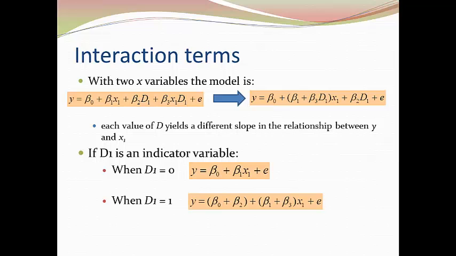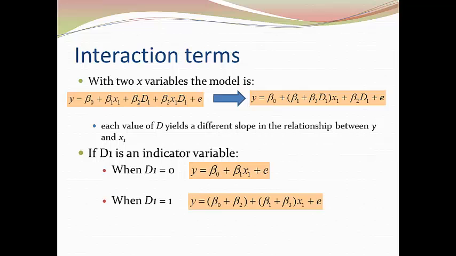So each dummy variable yields a different slope in the relationship between my dependent variable and x1. So what I'm showing here is that the slope changes based on the group that I'm seeing in my dummy variable.